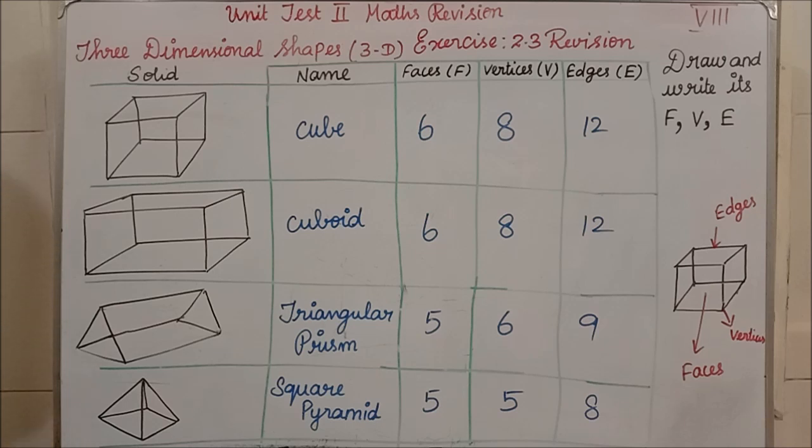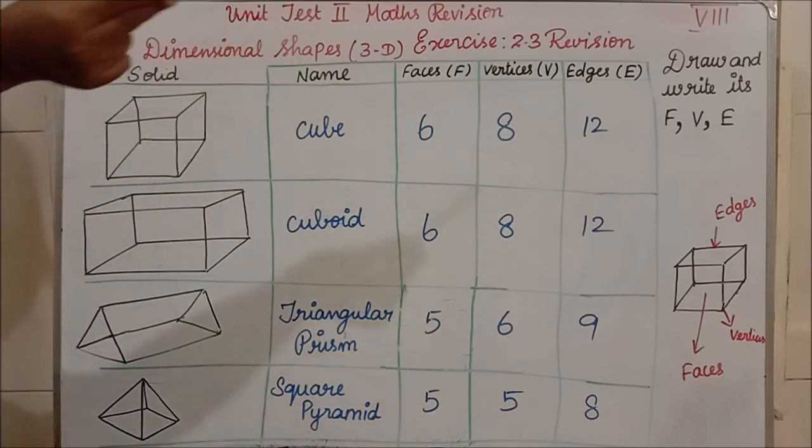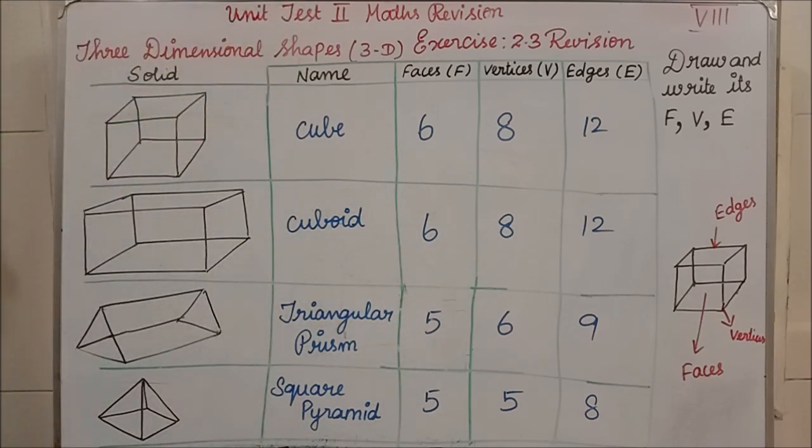Now we all know cube and cuboid have the same number of faces, vertices and edges: 6 faces, 8 vertices and 12 edges. For the triangular prism, how many faces do we have? 5 faces.